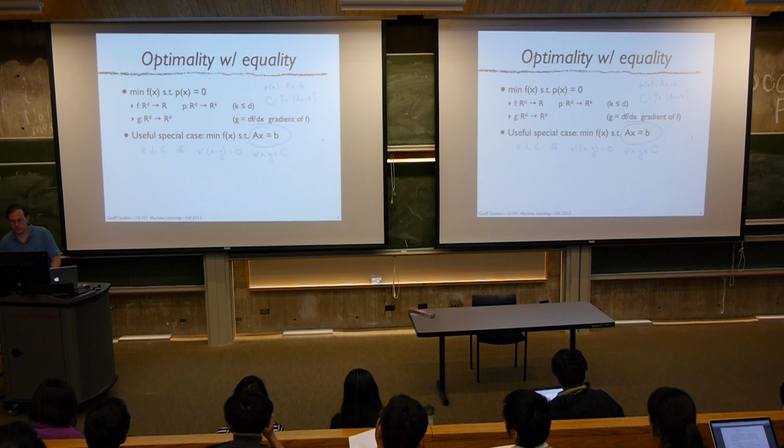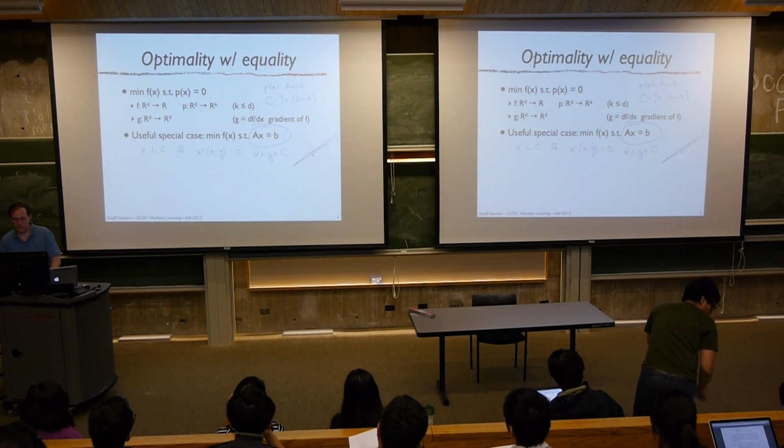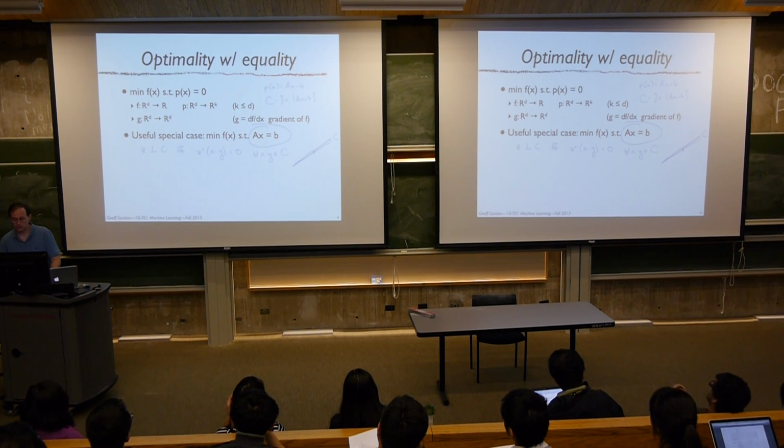Geometrically, we have our constraint set C here, with points x and y in the constraint set, and a vector z, which I'm going to base at x.